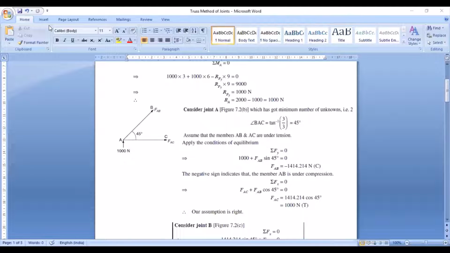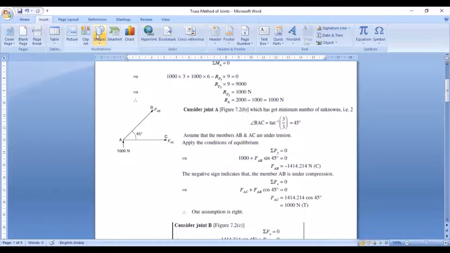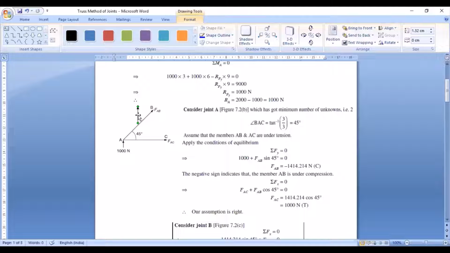The vertical component of FAB will be acting vertically upwards, whereas the horizontal component will be acting horizontally outwards, just like this. So you have one vertical and one horizontal component.